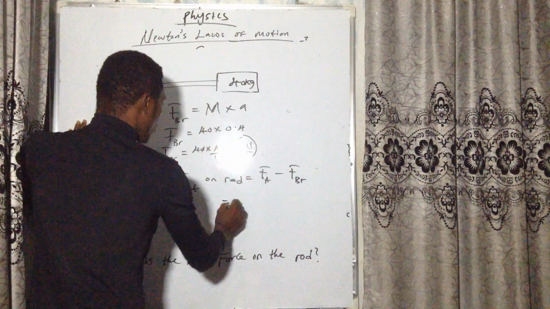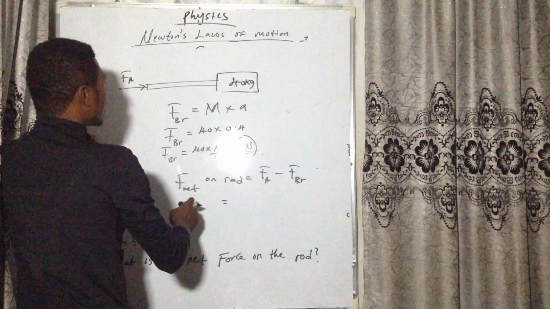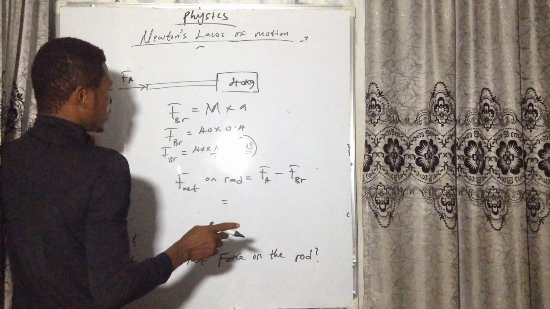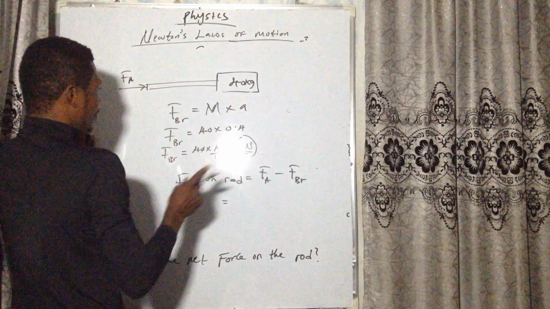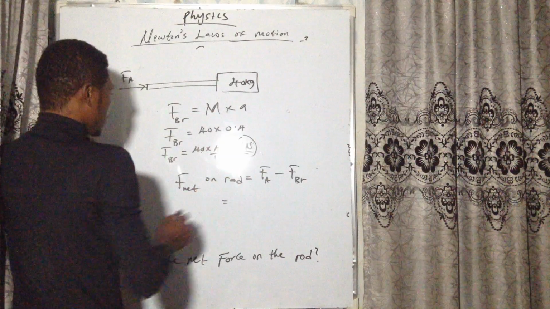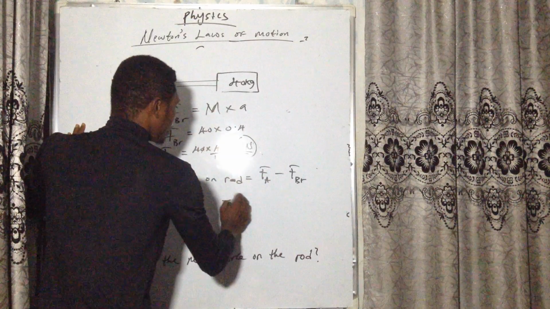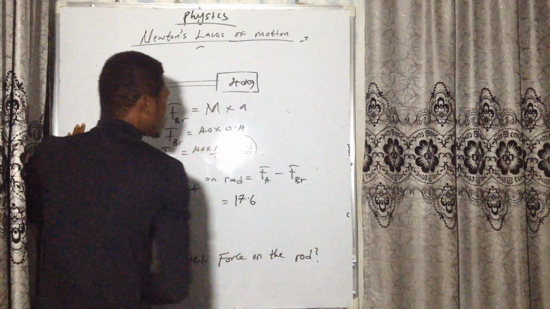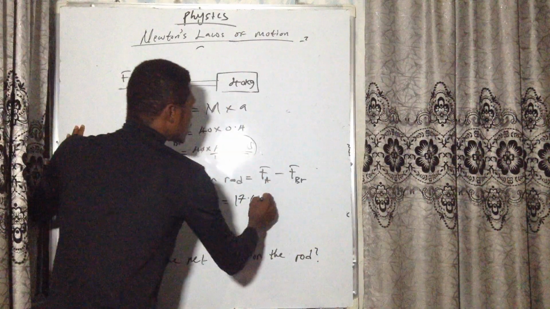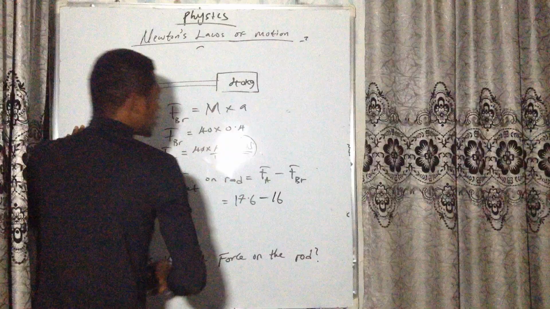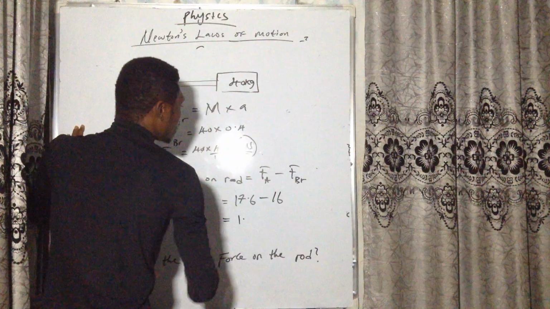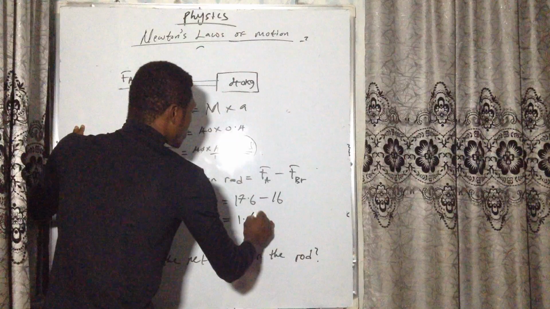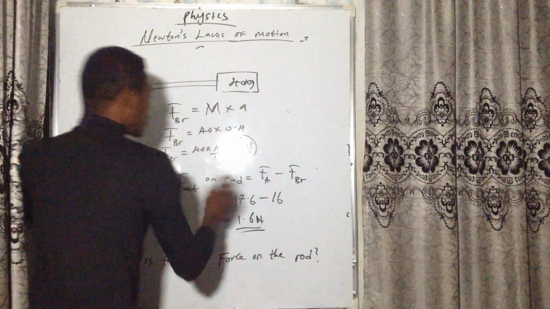What did we get for the applied force again? I think 17.6, right? Yes, 17.6 minus 16, which is equal to 1.6 newtons. So this is the net force on the rod.